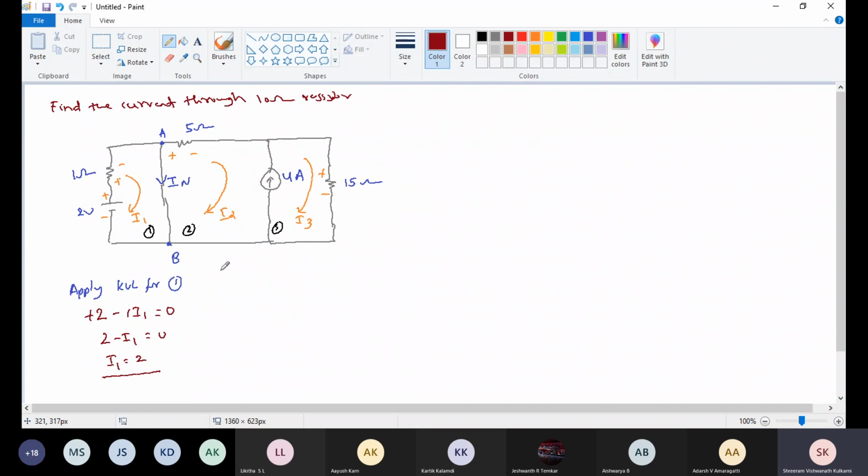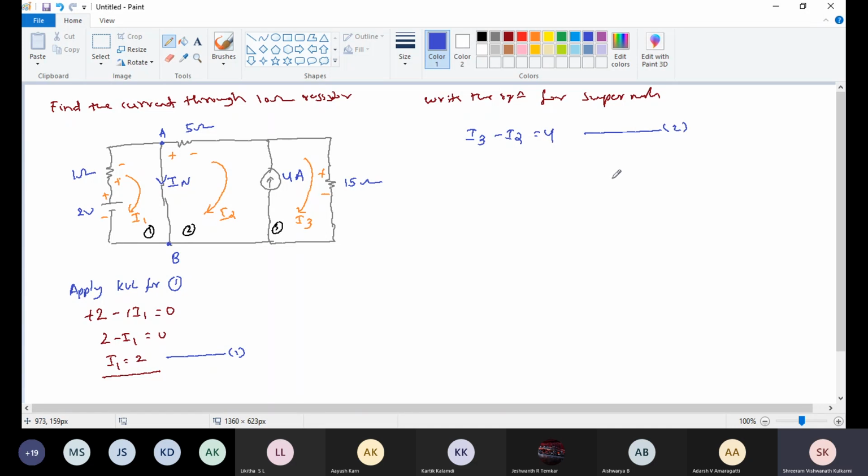So I'm going to write I3 minus I2 equals 4. I call this one as equation 1, this one as 2.